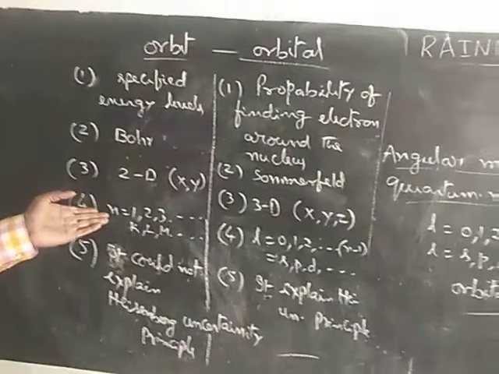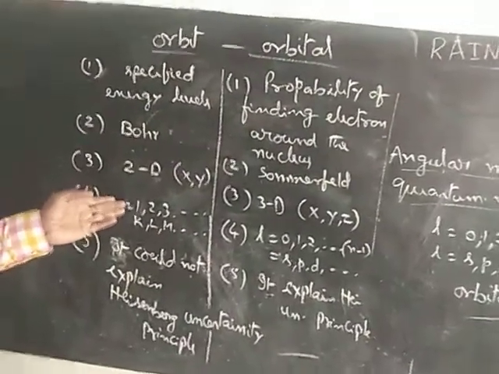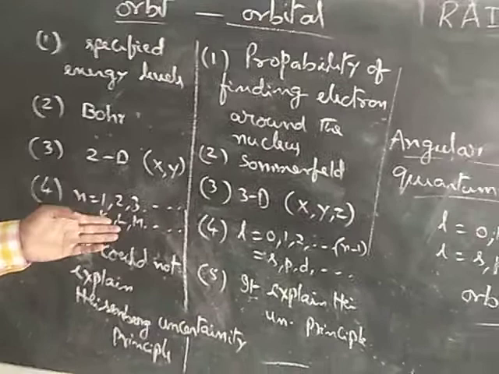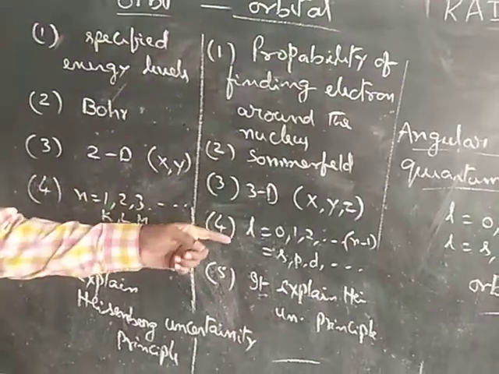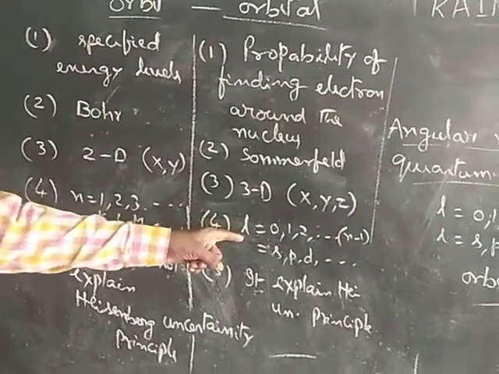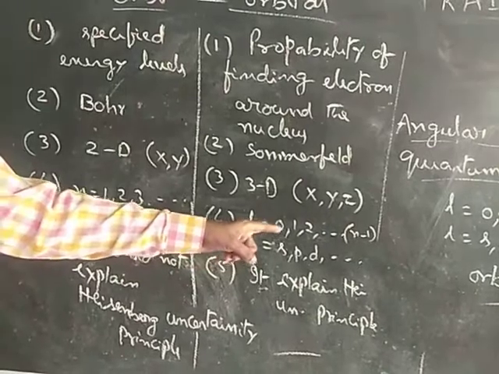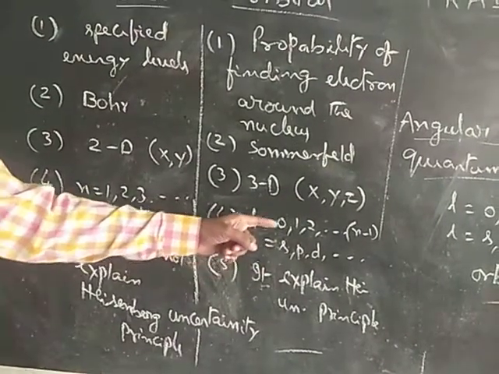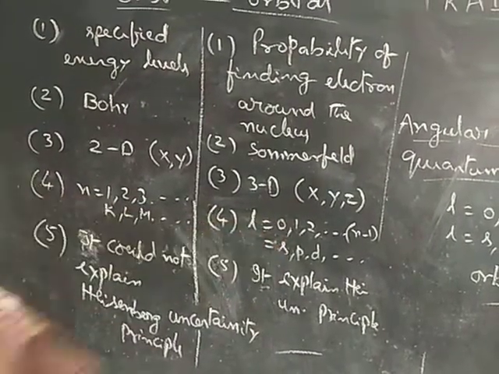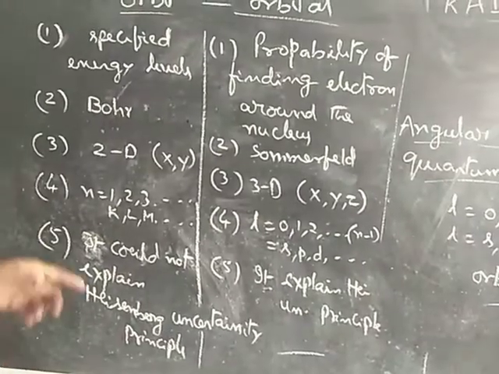Orbits are represented by the letter n. N value 1 means K shell, 2 means L shell, 3 means M shell, and so on. Orbitals are represented by the letter L. That is 0, 1, 2, 3, etc., up to n minus 1. 0 means s orbital, 1 means p orbital, 2 means d orbital, and so on.